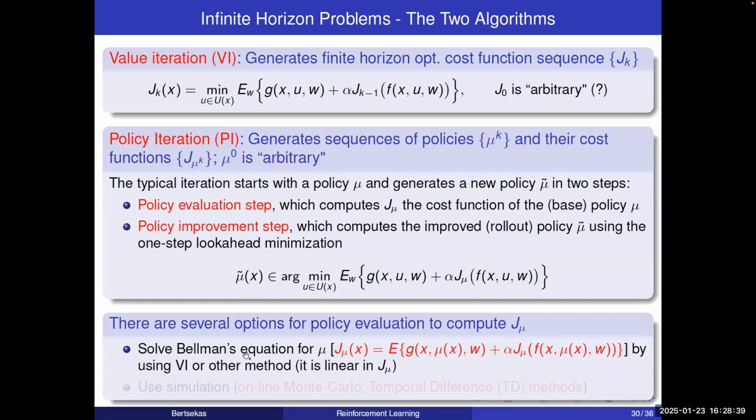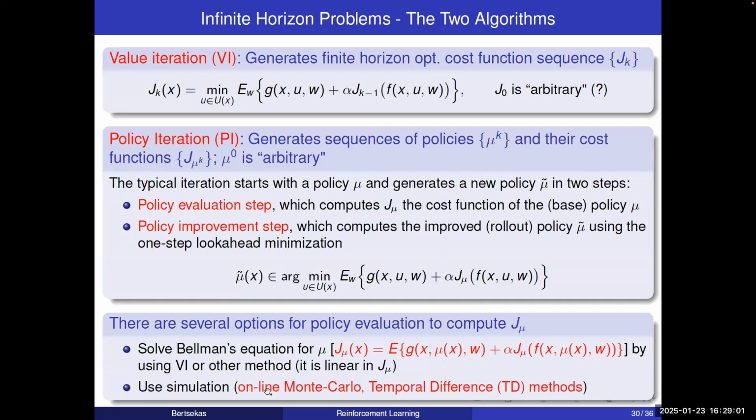One thing I want to emphasize is that this formula is linear in J mu, unlike this minimization here, because with the minimization, this equation is nonlinear in J, whereas here it is linear.